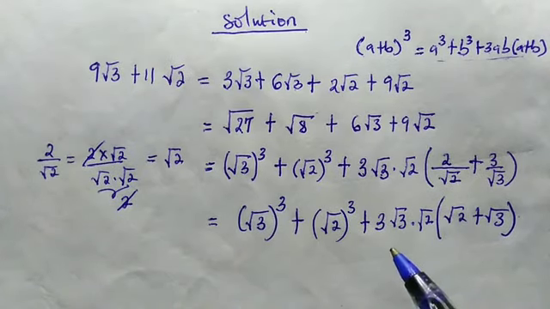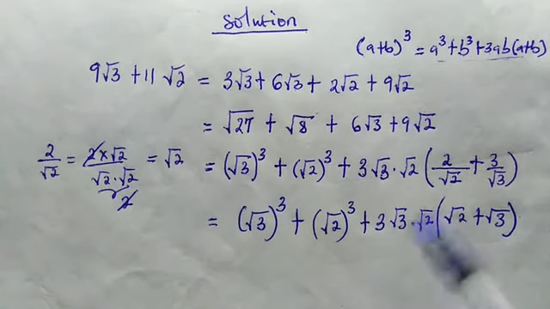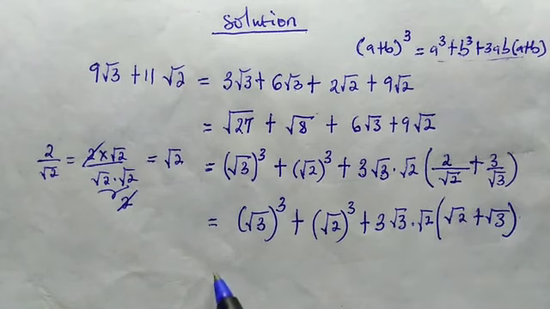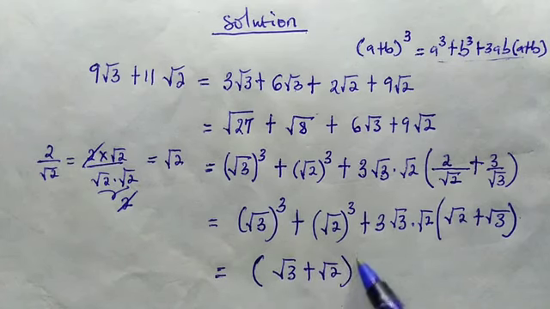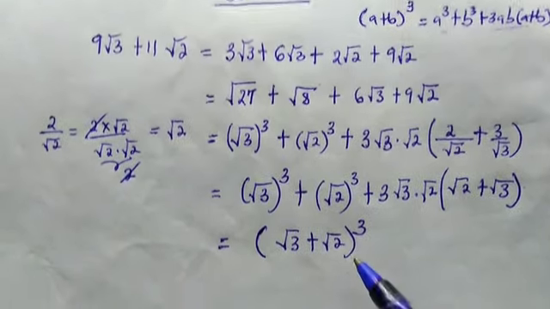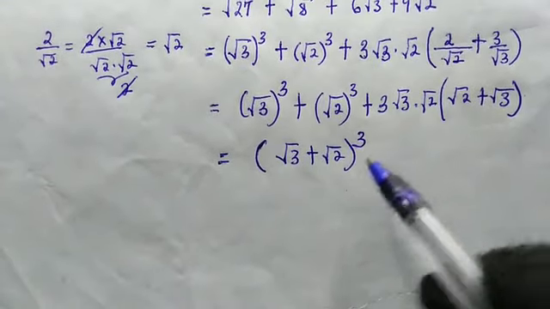So I think we have achieved our goal of making these two exactly look like this. And from here, this tells us that this is the expansion of root 3 plus root 2 to the power of 3, right? Now let's go back to the problem.